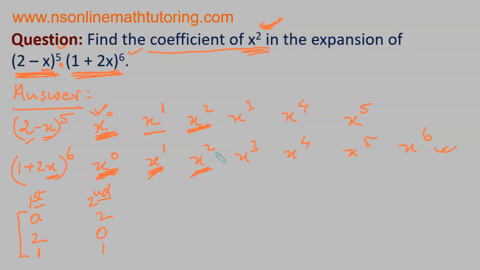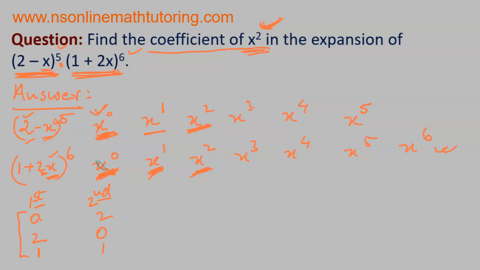So I would be asking you, if you are confused, just write all the powers of x. You don't have to write the coefficients. In this case x has a coefficient of 1, but in this case x has a coefficient of 2 and I did not write this 2.